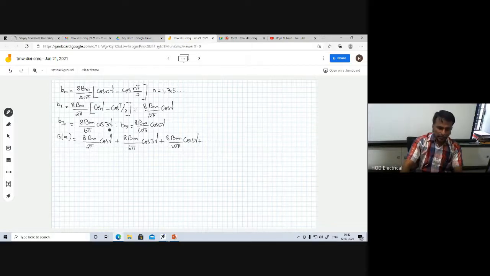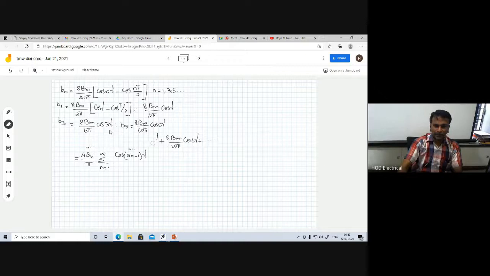Now, if we take n as one variable, we can write this equation as 4 Bm by pi, summation n equal to 1 to infinity. How will we write the odd values? Cos of 2n minus 1 into gamma. In the previous equation, we had one small mistake; this is our B3 equation.